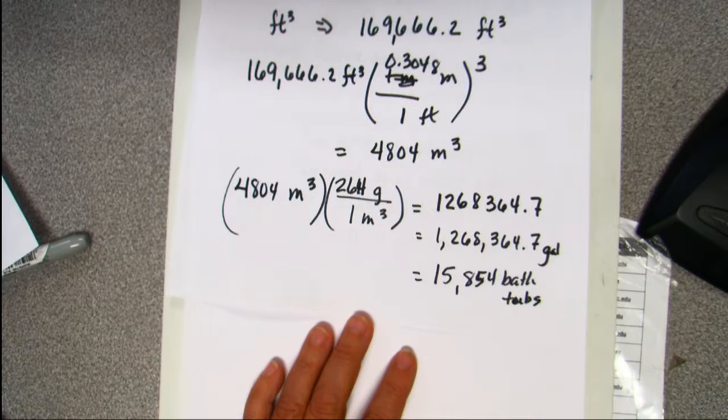If you start putting that into perspective, Tonkawa has a population of about 3,600 people. There's 5 bathtubs full of water for every person in Tonkawa, and that was dumped on only 12 acres.